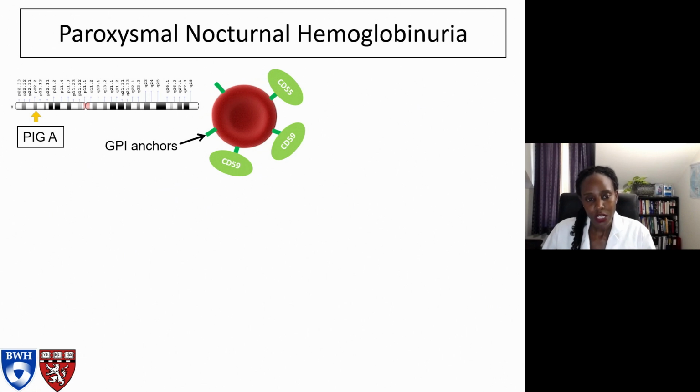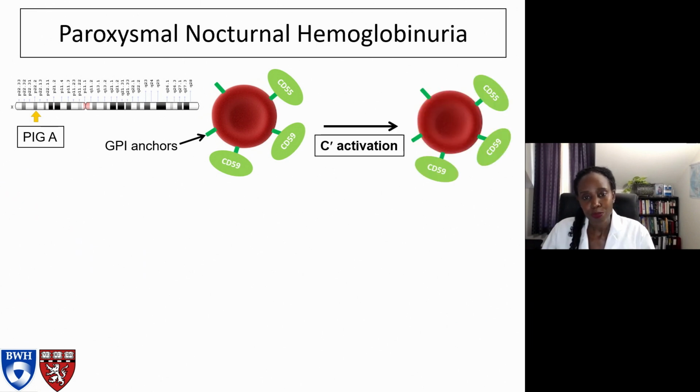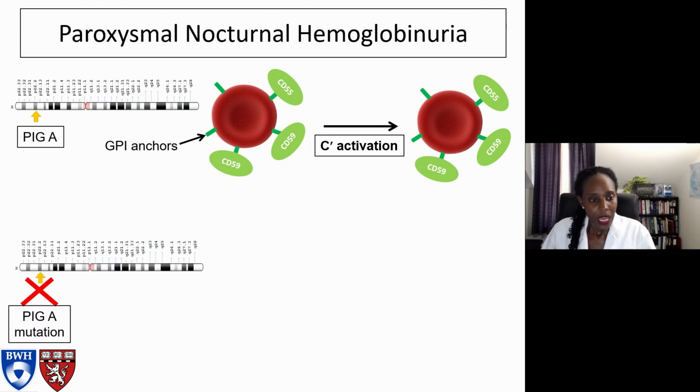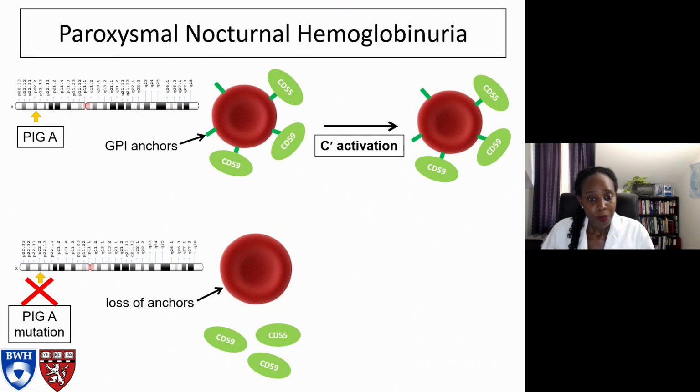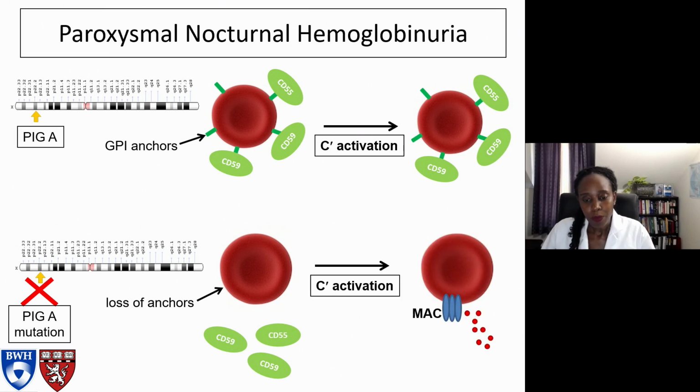The PIG-A gene is responsible for GPI anchors on red cells, white cells, and platelets that protect the red cell from complement-mediated activation. In the absence of GPI anchors, the red cells are liable to unrestricted complement activation and hemolysis.